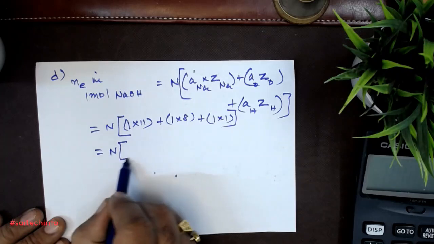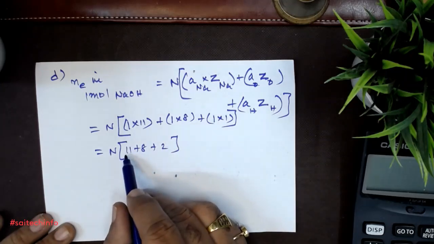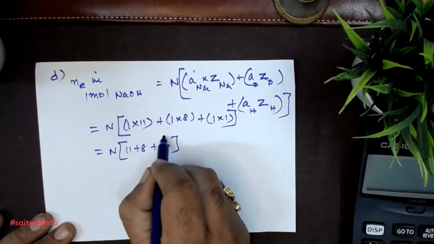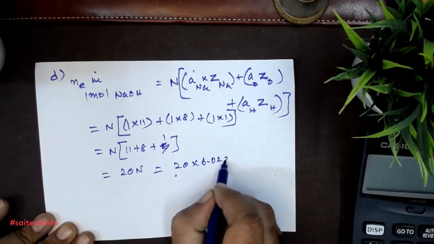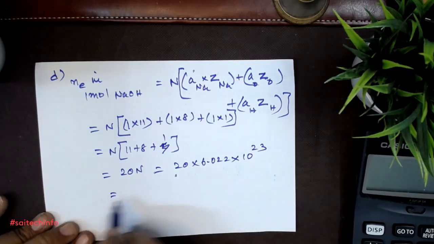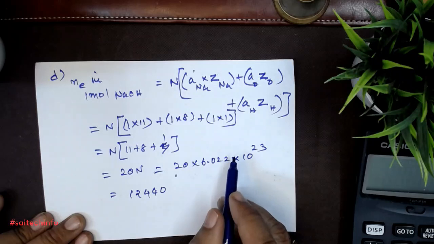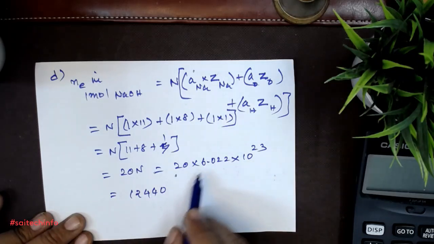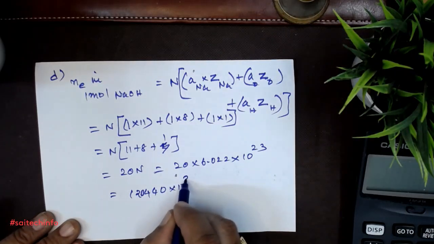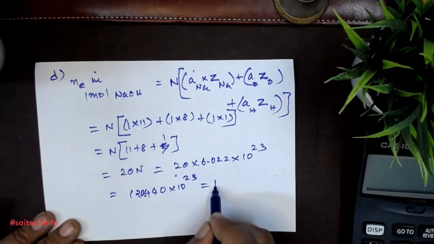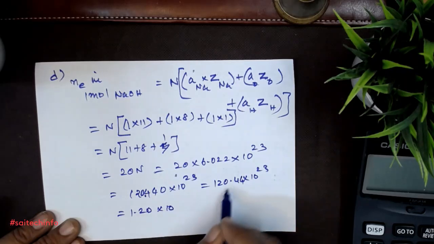So that is equal to N into 11 plus 8 plus 1, so 20 N. So that is equal to 20 into 6.022 into 10 power 23. 2 2s are 4, 2 6s are 12, so 120.4 into 10 power 23, so that is 1.204 into 10 power 25.